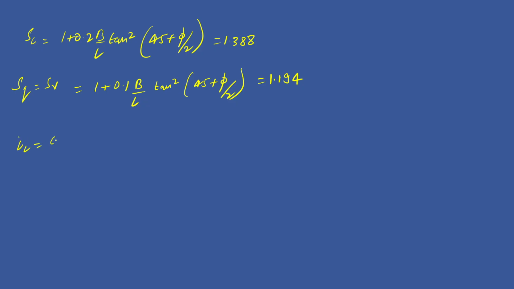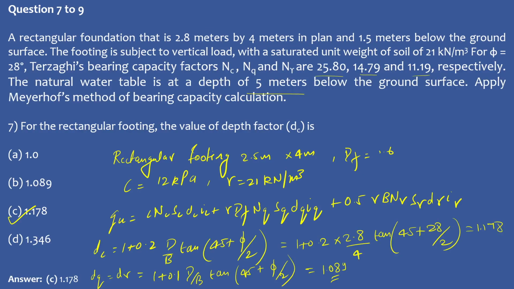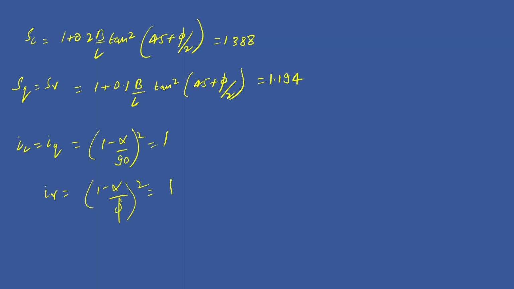So Ic is equal to Iq. Right. So these all are the factors Sc, Sq, S gamma, Ic, Iq, I gamma, right? So there's no effect of water table which needs to be taken into account because it's less than B.